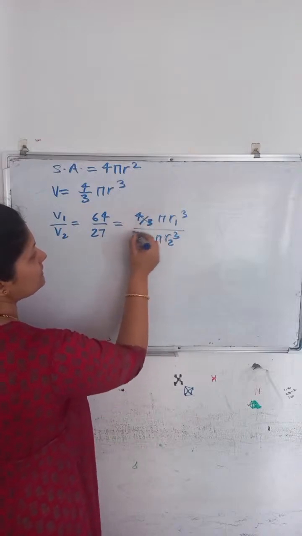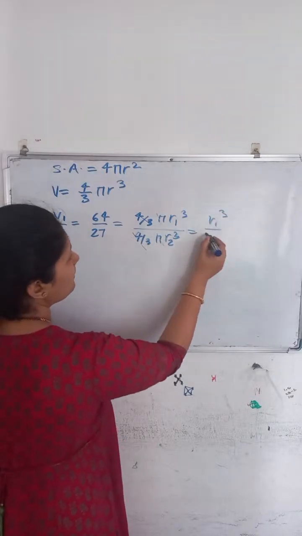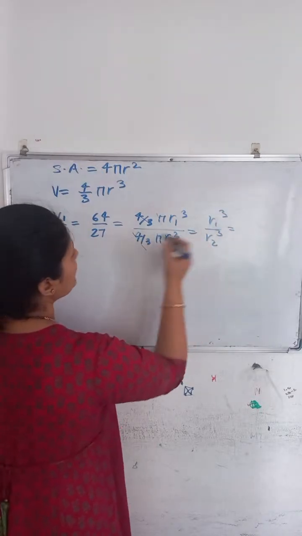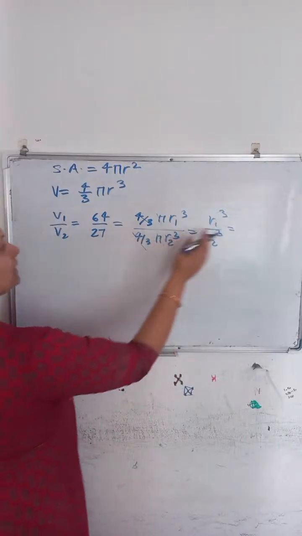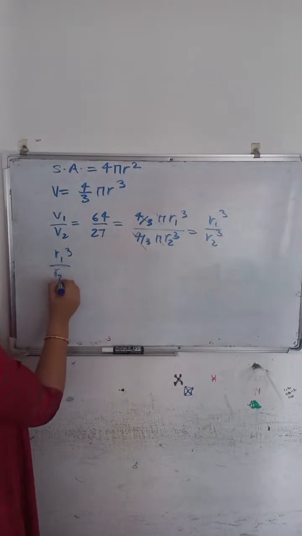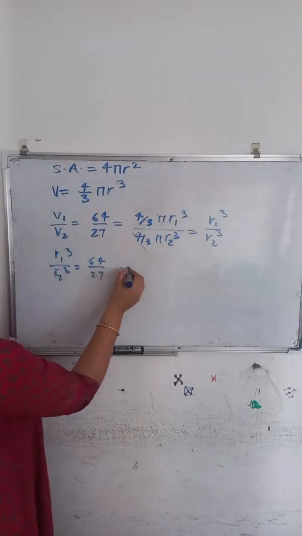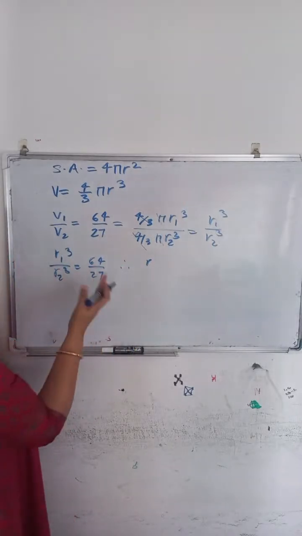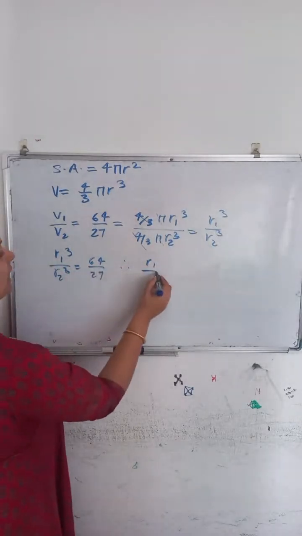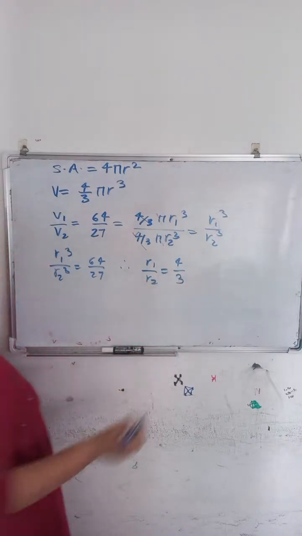Pi and pi get cancelled, then r1 cube upon r2 cube is equal to 64 by 27. If we take a cube root on both sides, r1 by r2 is nothing but 4 by 3. Can you get it?